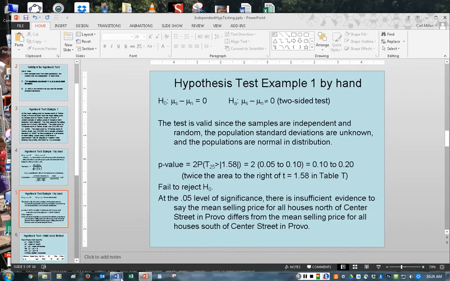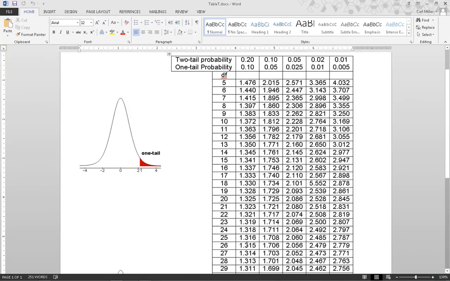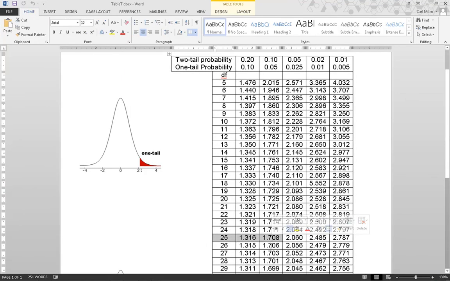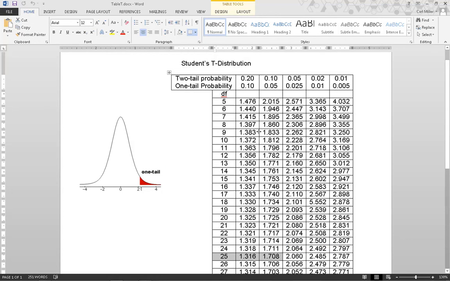So if we go back to table T, remember we're at 25 degrees of freedom and we want to bound 1.58, right? So it's between these first two columns. So you can either read the two-tail probability and say my p-value is between 0.10 and 0.20, or it's double something between 0.05 and 0.10.